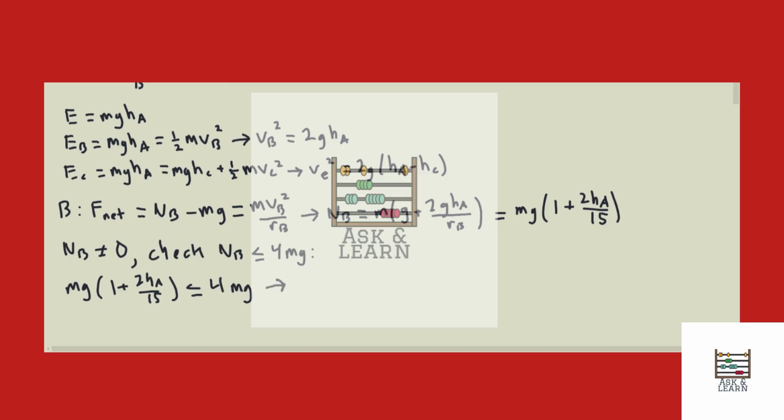And so that means 1 plus 2h_A over 15 is less than or equal to 4. Solving that, we get h_A less than or equal to 22.5 meters. Okay, so as long as we make sure our height at point A is less than or equal to 22.5 meters, we won't run into trouble with the upper limit on normal force of 4 Gs.